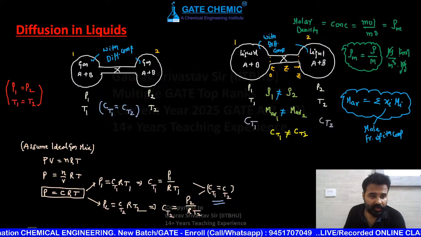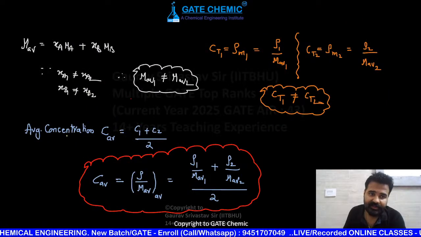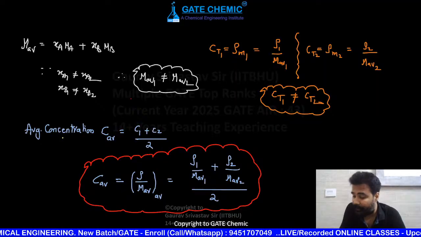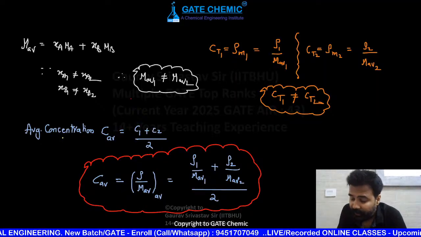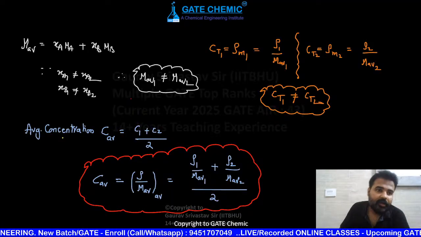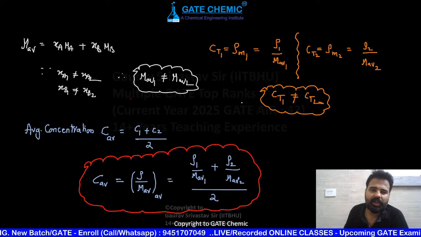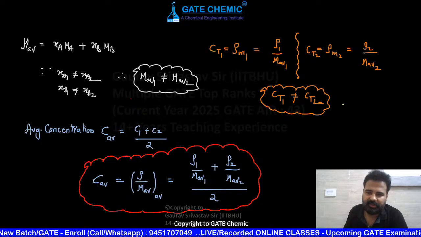So here I'm not going to derive, just directly see. First thing you have to see is what average concentration is. First, average molecular weight. You all know about average molecular weight from one subject, that was process calculation.